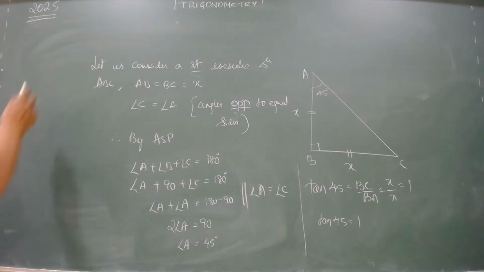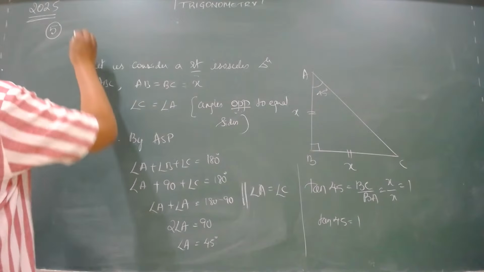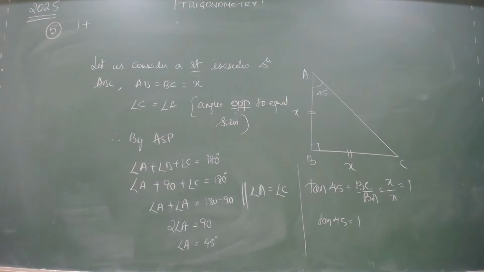Let me just write question number 5. This is our textbook question. We have said n number of times that identity questions from the textbook have to be worked out.